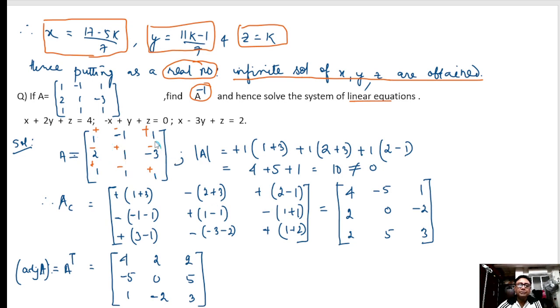Now for this position, which has a minus sign, so here is a minus sign, and then I will take 1 into 1 minus 1 into minus 1. For this position, which has a plus sign, I will take minus 1 into minus 3 and 1 into 1. These two will be subtracted.